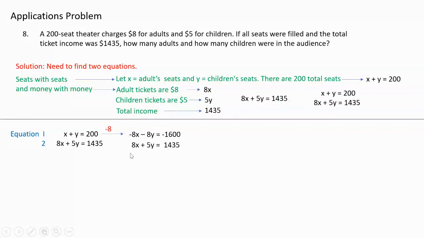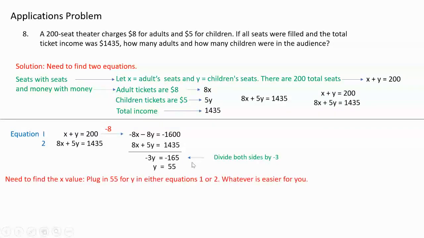Equation 2, we just bring it over. After we add them, the x's get eliminated, and we get -3y equals -165. Then we divide both sides by -3. We get y equals 55. Now I need to solve for x.